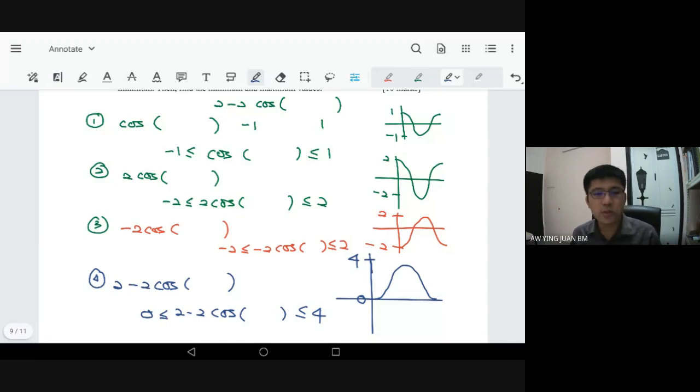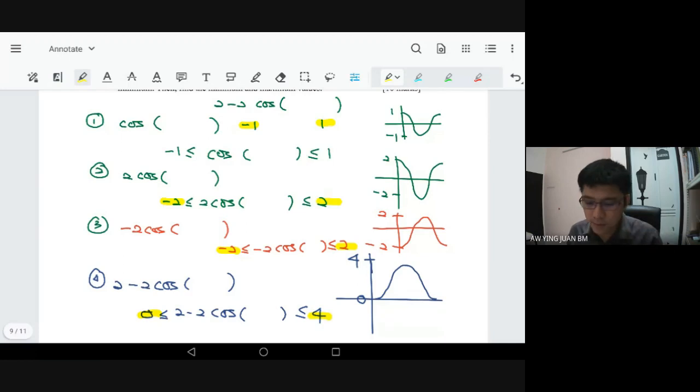So that is how we determine the maximum value and also the minimum value. But in the question, they won't consider the process. They only consider this part. When I'm doing it, I only consider this part. Negative 1, 1. Then it becomes negative 2, 2. And then finally 0, 4.